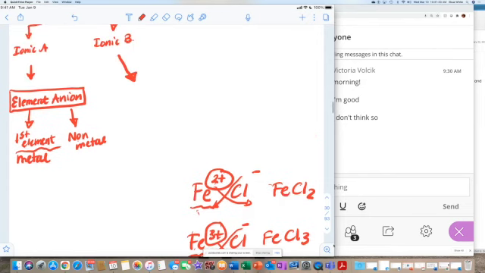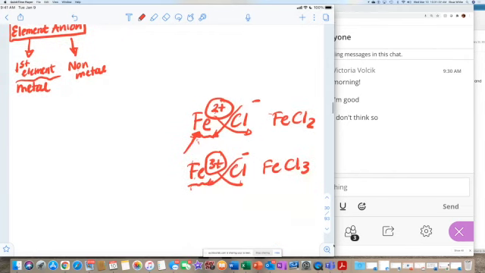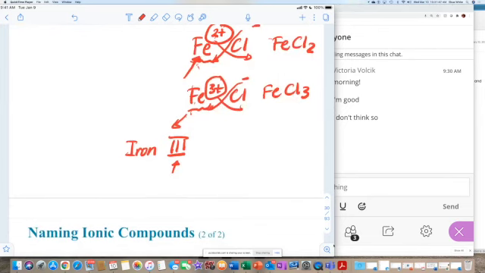So here in the format, we have the metal as a metal, but this time we specify the charge. So this will be called, I'm going to name only the second one, iron 3. The 3 is written in Roman numerals. So notice that. This is going to be Roman numerals in parentheses.